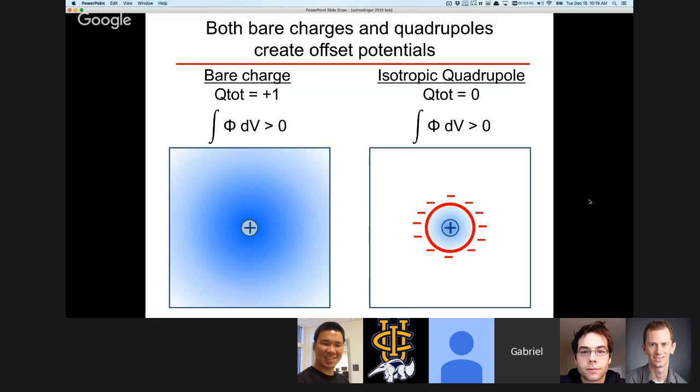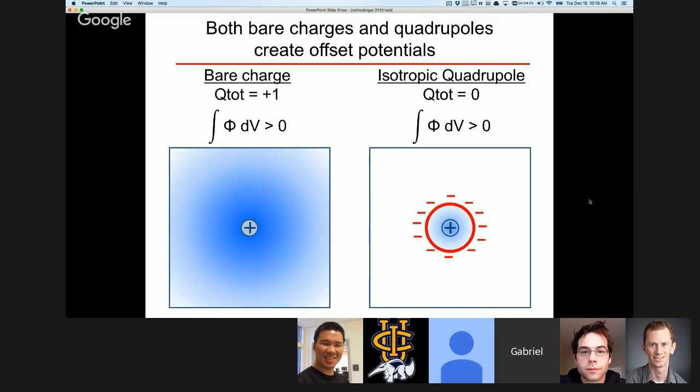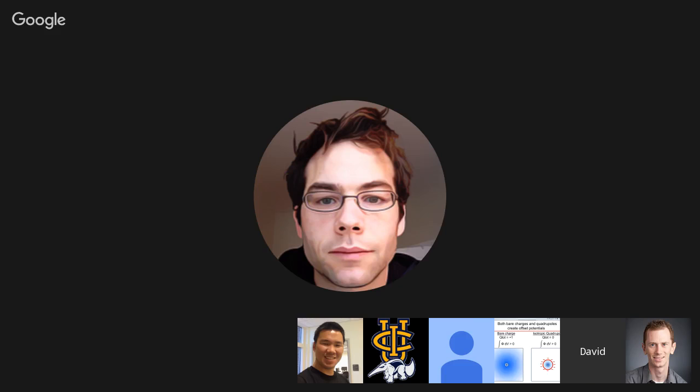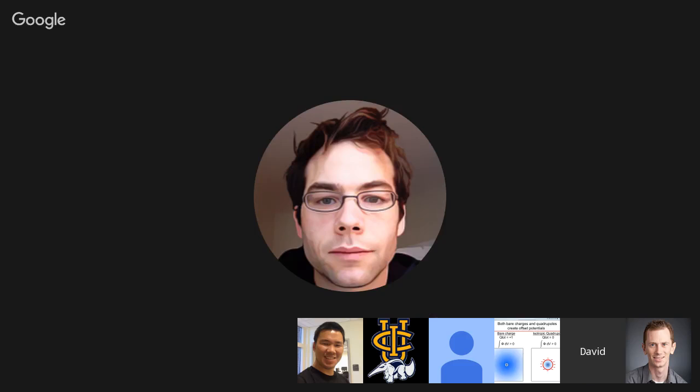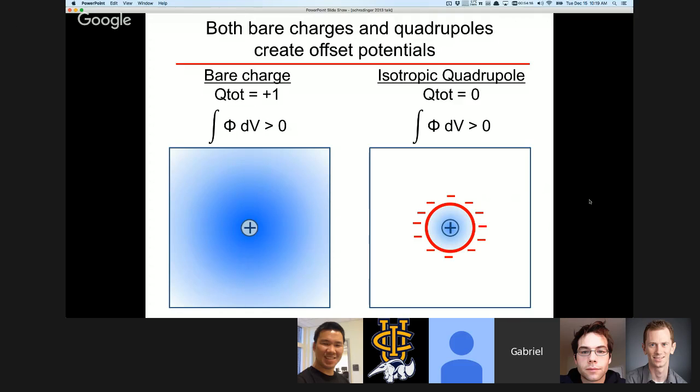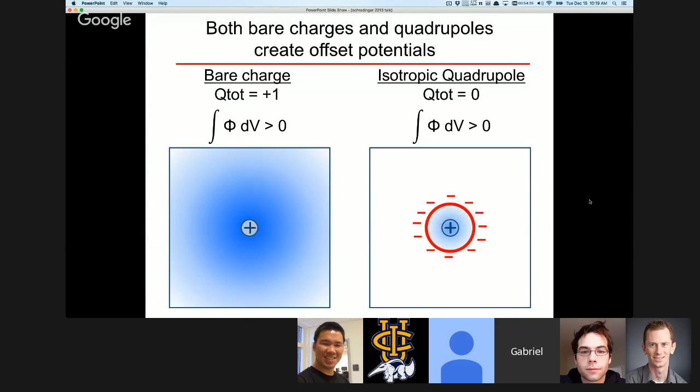The definition of an isotropic quadrupole is a point charge at the center surrounded by a sphere where the charges on the surface of the sphere exactly neutralize the point charge at the center. The funny thing about an isotropic quadrupole is that outside of it, there's no change in the average potential. This creates no potential outside the outer sphere. But inside the sphere, there's some average positive potential.